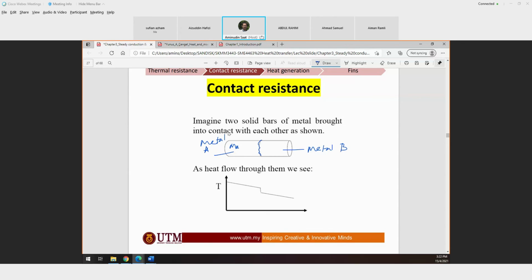You can combine them, but there will be some contact resistance that exists.